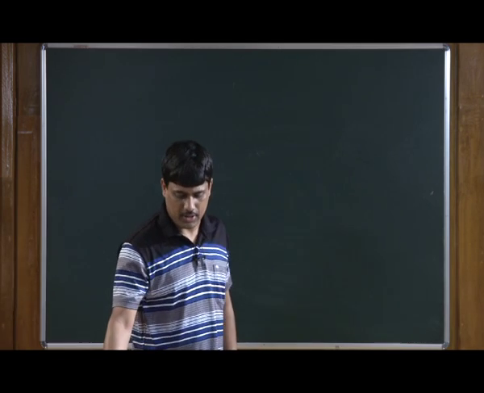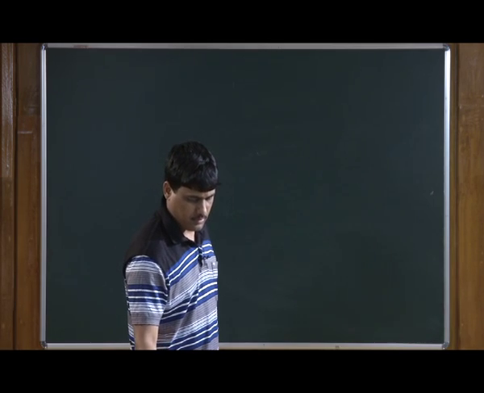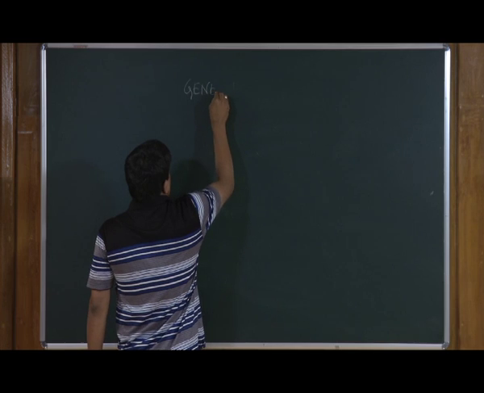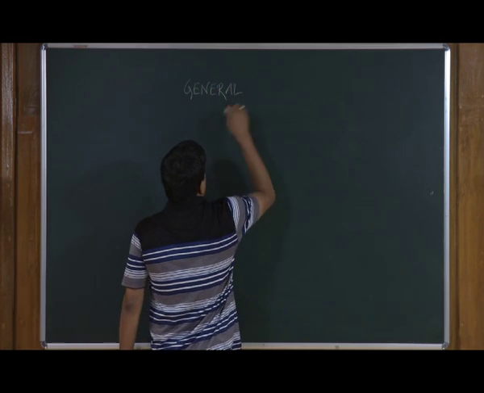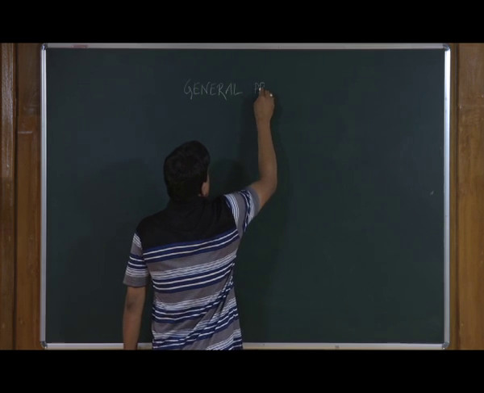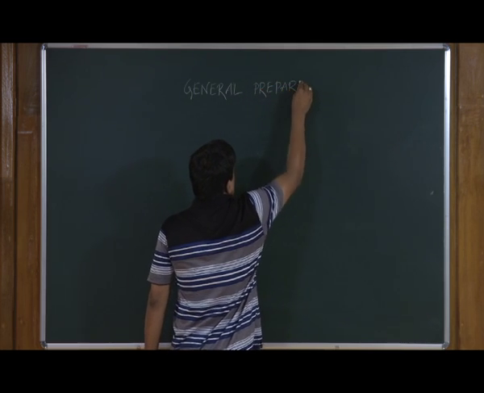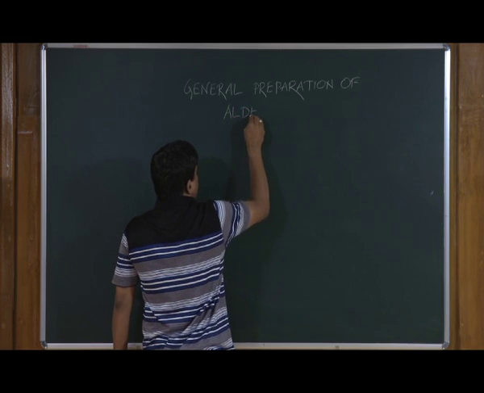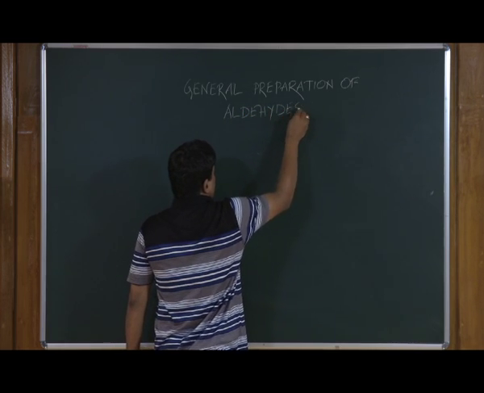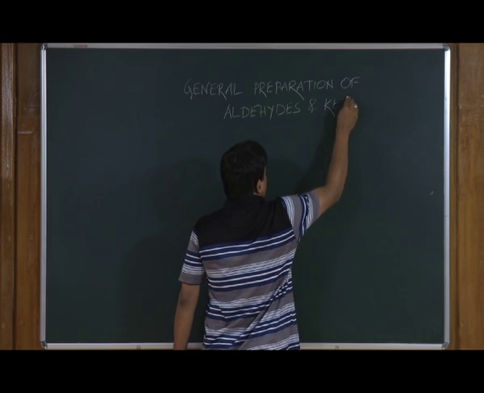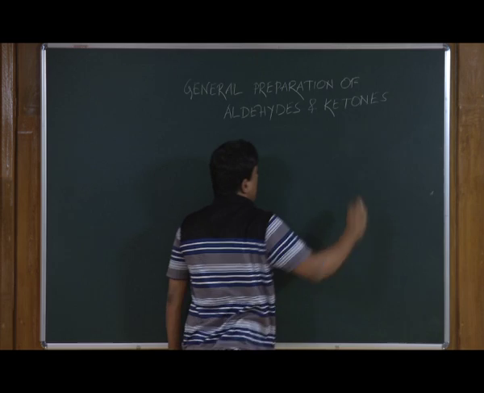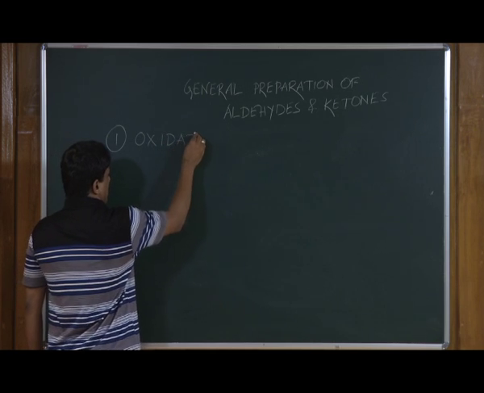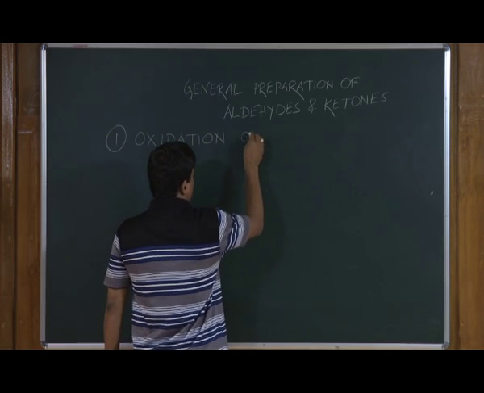Now, we will talk about the general procedures for the synthesis of aldehydes and ketones. So, first one is the oxidation of alcohols.